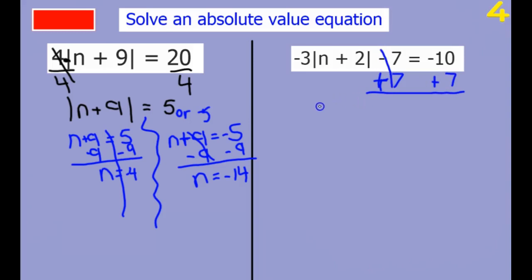Then what we're left with is negative 3 times the absolute value of n plus 2 equals negative 3. Negative 10 plus 7 equals negative 3. Still, we have something in our bathroom that needs to be cleaned up before we can shower. We need to divide by negative 3.